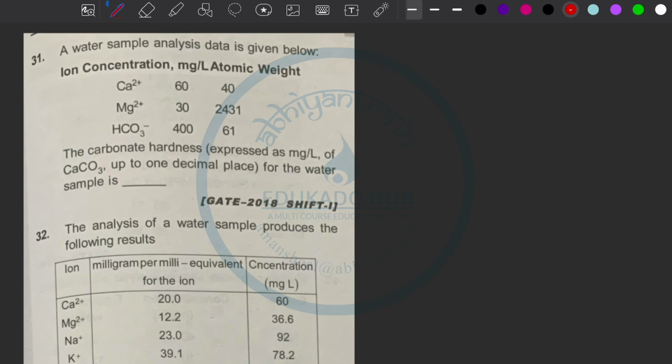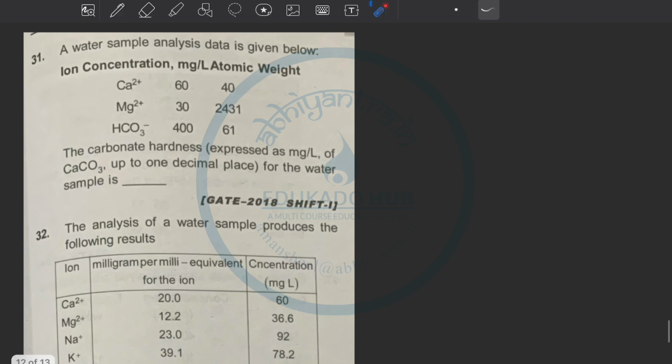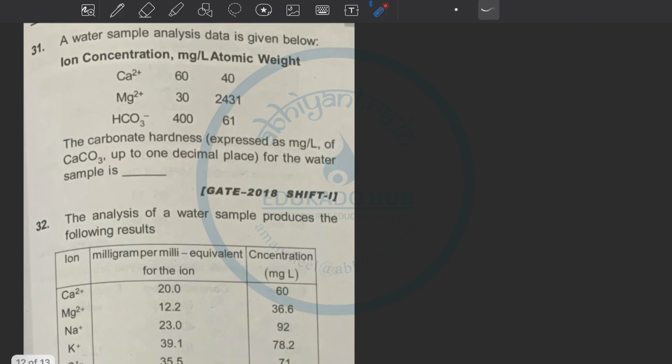Let us have the next question, which is question number 31. A water sample analysis data is given below. The iron concentration in milligram per liter and atomic weight are given. The calcium ion concentration is 60 milligram per liter and the calcium atomic weight is 40. Magnesium ion concentration in milligram per liter and atomic weight are also given.